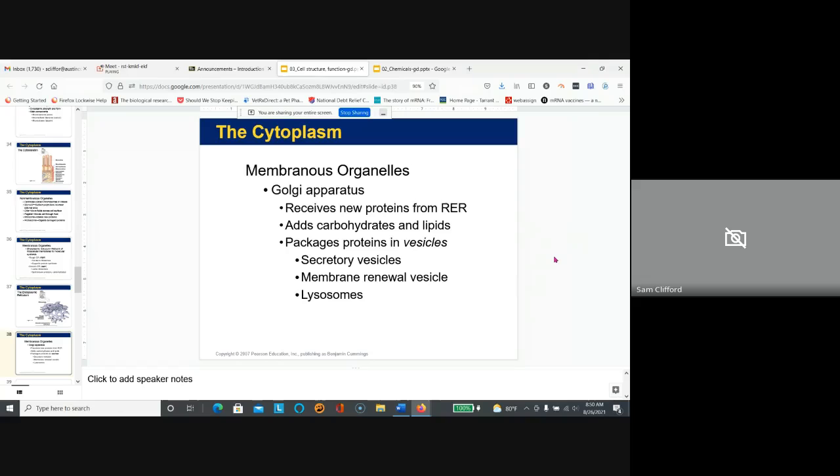The Golgi apparatus receives new proteins from the rough ER, adds carbohydrates and lipids, makes a secretory vesicle, membranes that renew the vesicle membrane, and lysosomes, which contain digestive enzymes that get rid of old cells, dead cells, or any other substance that's not supposed to be in the cell. The lysosome is going to get rid of it.